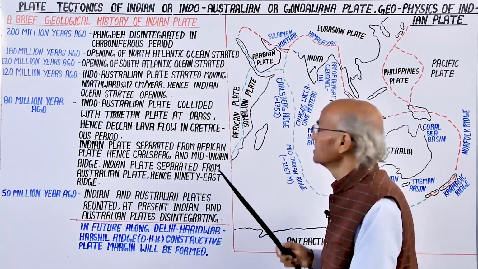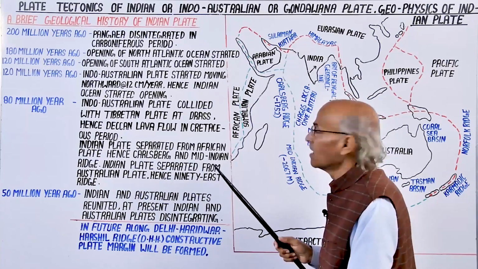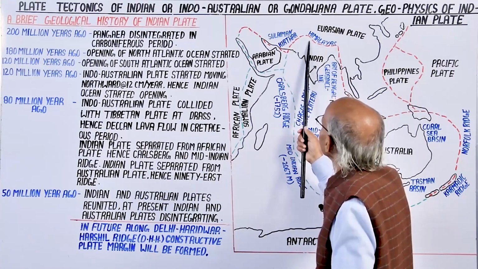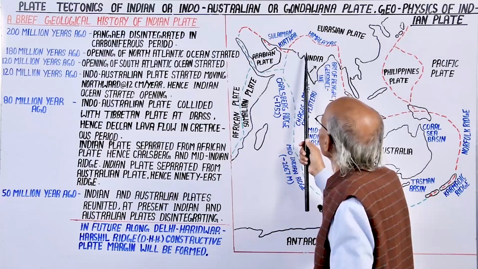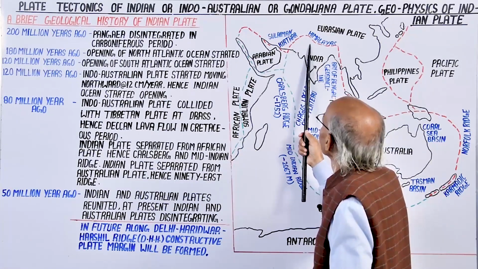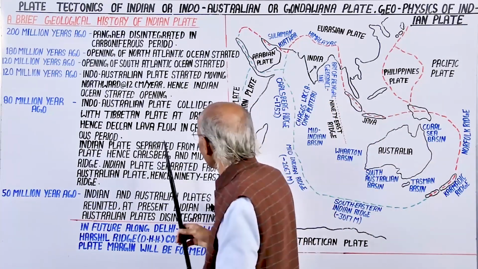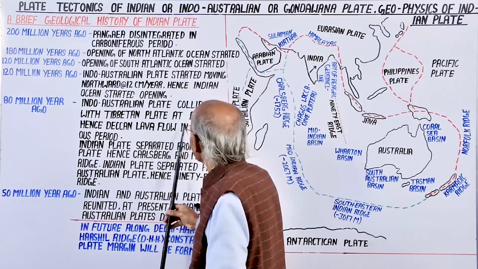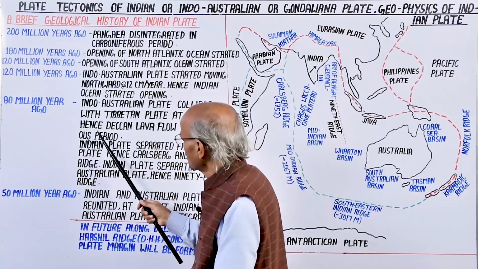Dras and Kargil were famous during the Indo-Pak War, and Dras is a place near which the Indian plate or its northern horn, this Aravalli, collided with the Tibetan plate, and due to this collision the Karakoram originated.